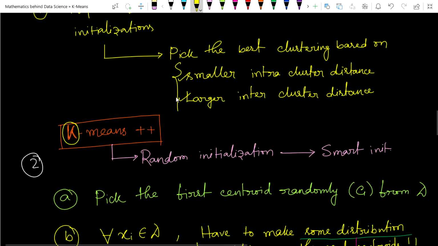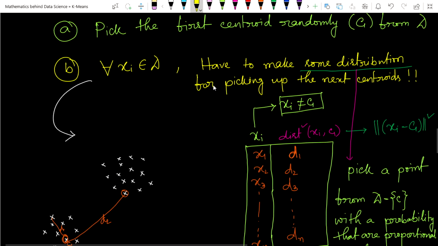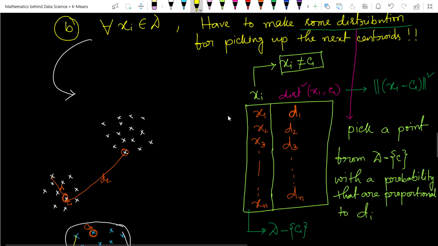Now we compute the distances from the rest of the points to this centroid, and based on these distances we make a probability distribution that is proportional to the distances.